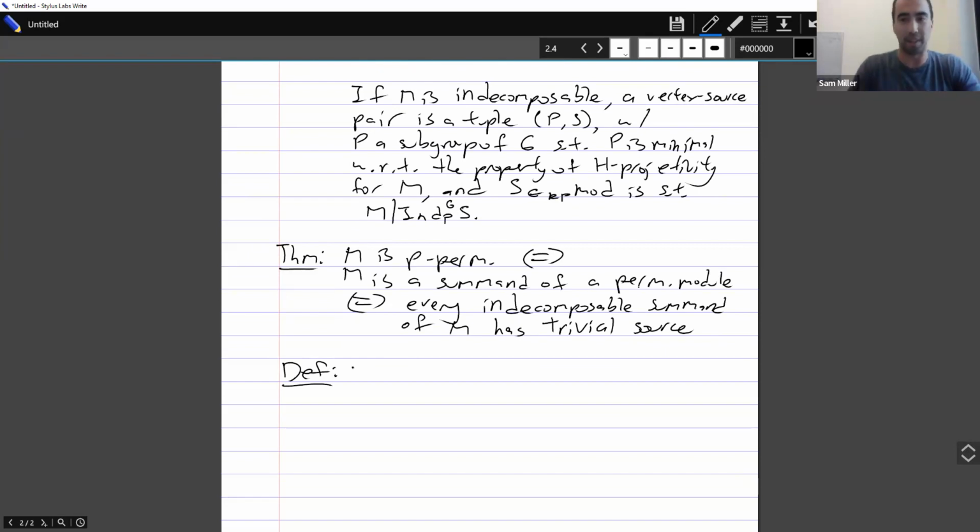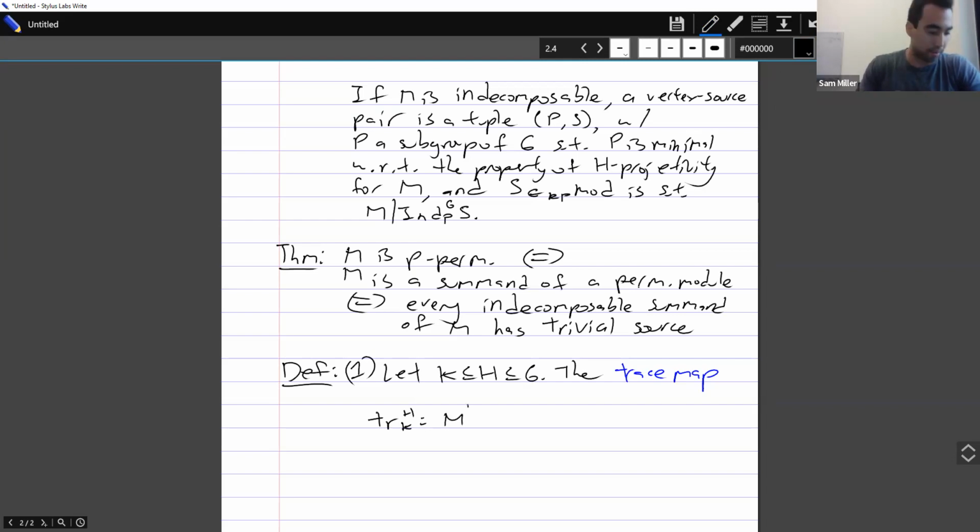in the study of modular representation theory. Unfortunately, we need to go through a few more definitions before I can get to the good stuff. This is definition 1. We'll have a pair of subgroups, K contained in H, contained in G, and the trace map, which we'll denote by TR, going from K to H. We always have a map from the H-fixed points to the K-fixed points of M, given by inclusion, because if it's H-fixed, then it's K-fixed.